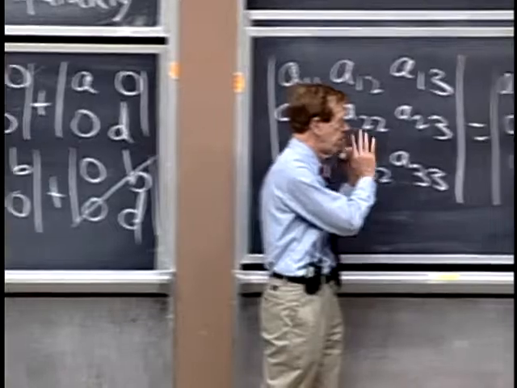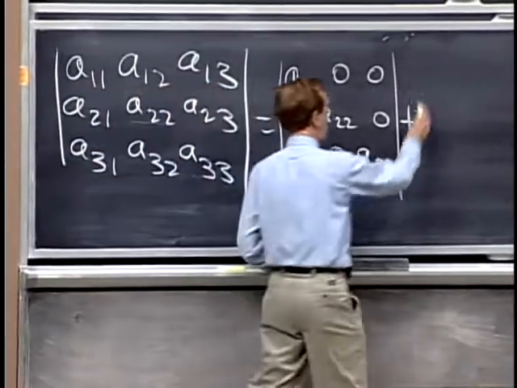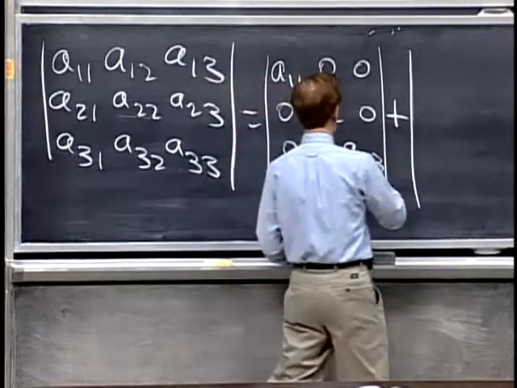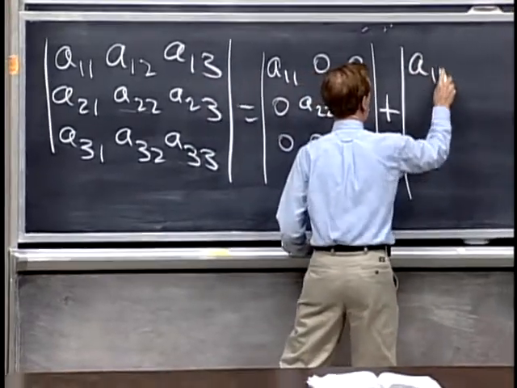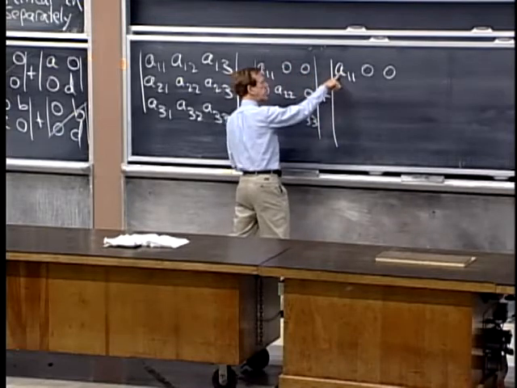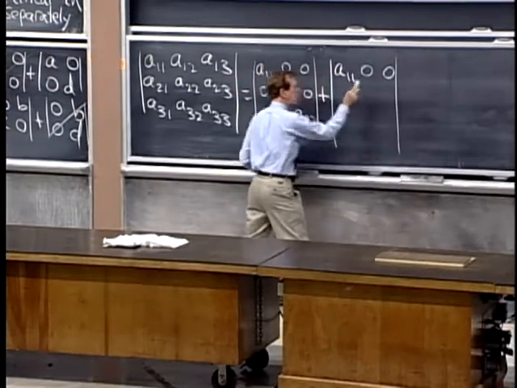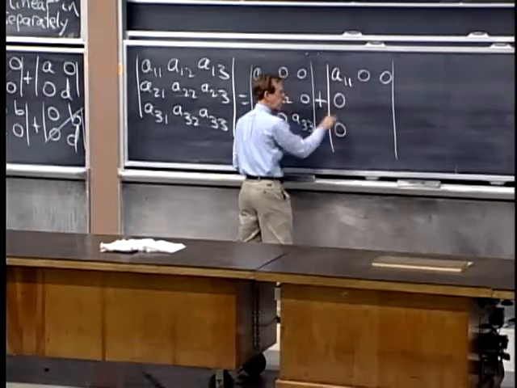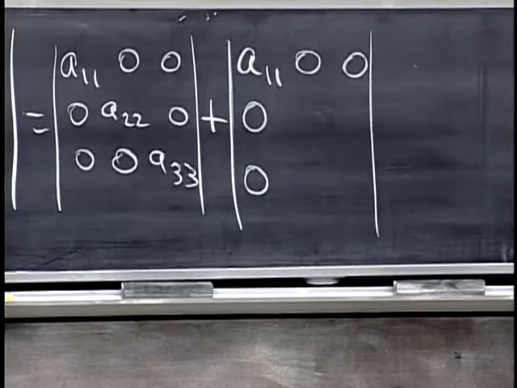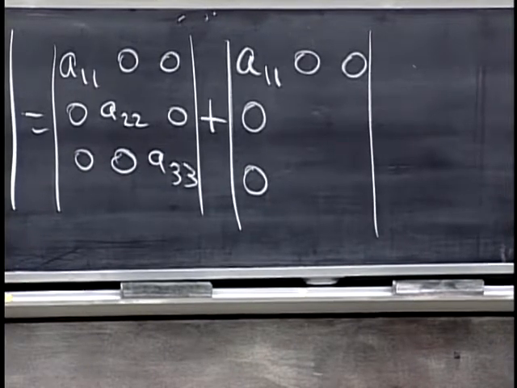So I'm going to forget those, and so tell me one more that would be a survivor. Well, here's another one. A11, 0, 0. Now, okay, that's used up. Row 1 is used. Column 1 is already used, so it better be 0. What else could I have? Where could I pick the guy?